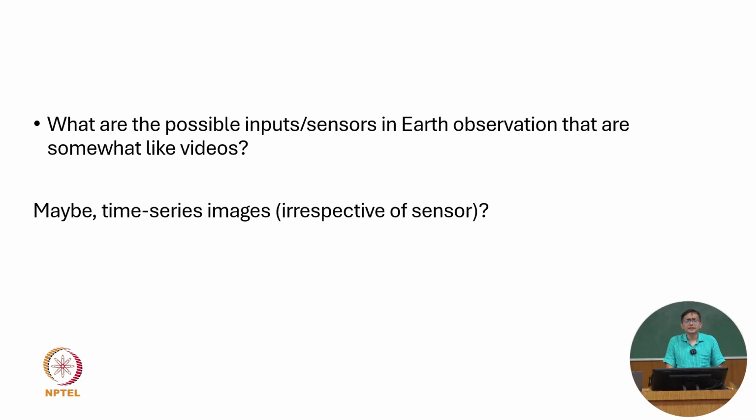The time series images also have multiple time instances like the video. One key difference, of course, is that most of the time in the video, each frame has been taken so close in time that you just don't see one object there in this particular frame and in the very next frame it is totally gone.